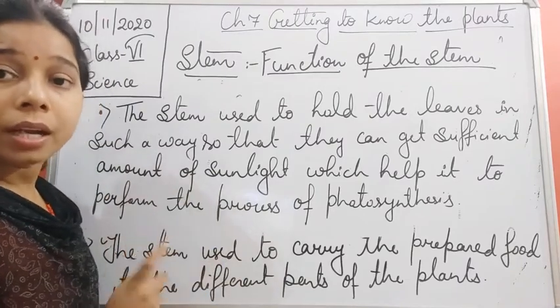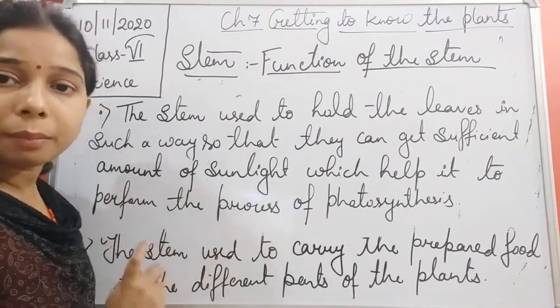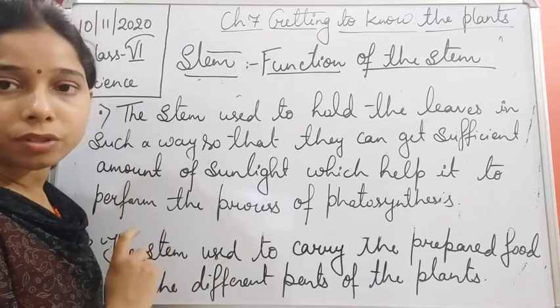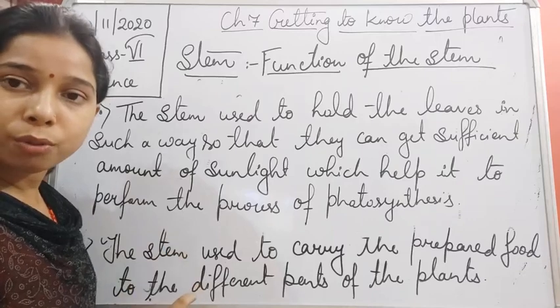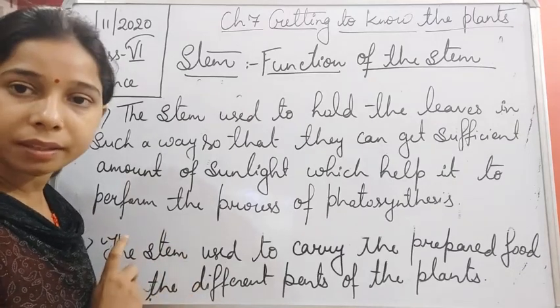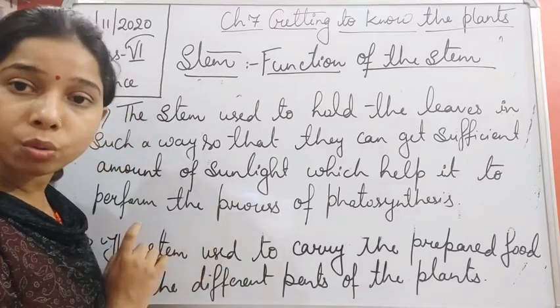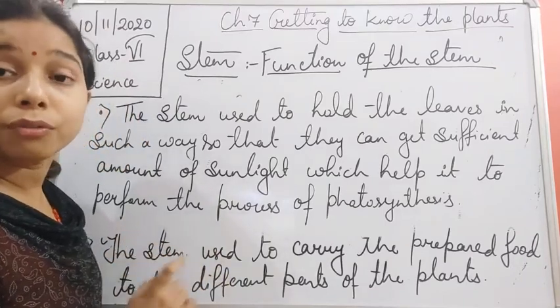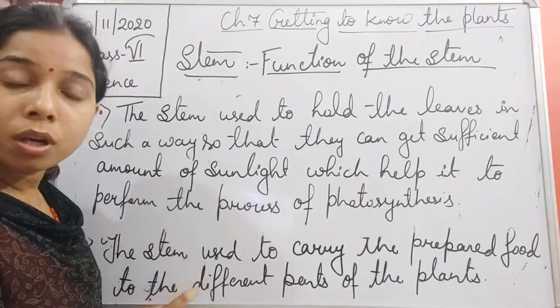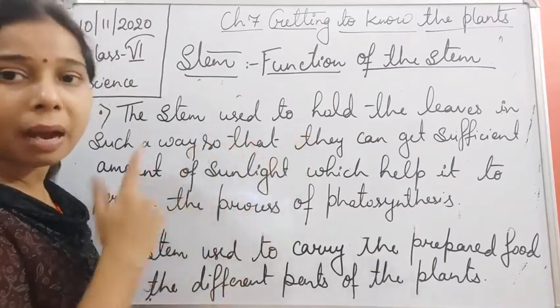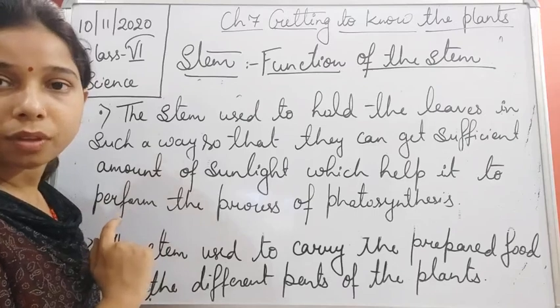The second one, it is used to carry the water and minerals which have been absorbed by the root to the leaves, so that the process of photosynthesis can take place easily. Third one, not only the water, students, but it is used to carry the food, the prepared food, from the leaves to the different parts of the plant.